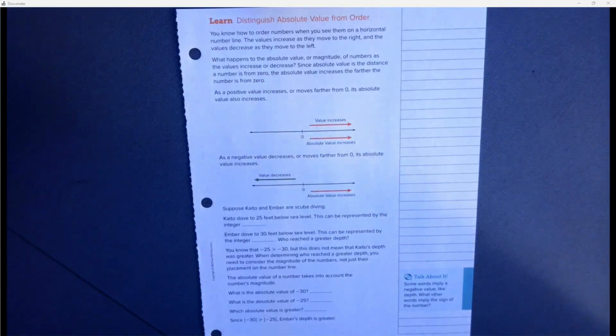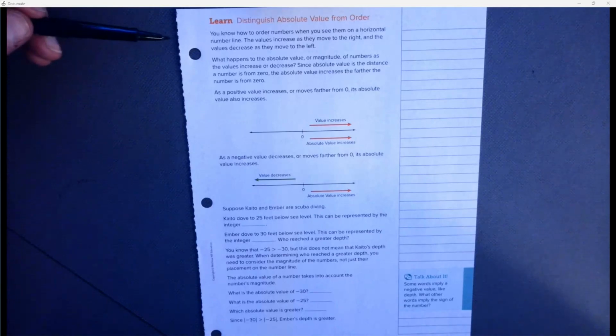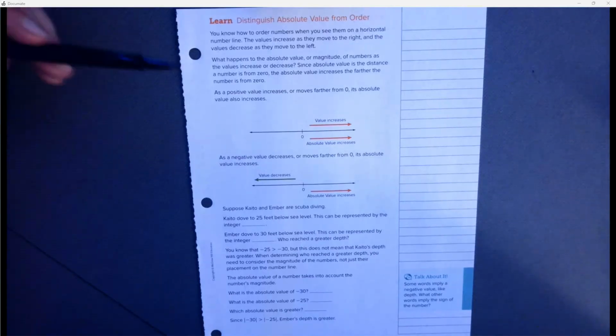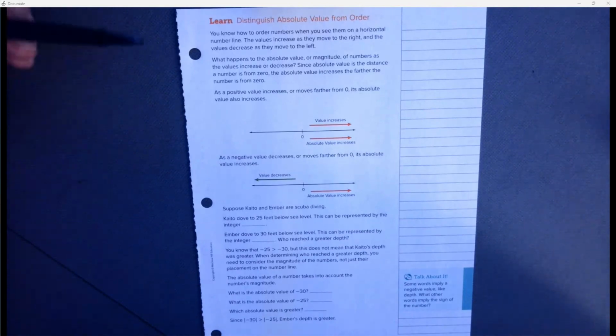On page 217, we have a Learn section where we're going to distinguish absolute value from order. We know the order numbers, when you see them in a horizontal number line, the values increase as they move to the right, and the values decrease as they move to the left. So when we have absolute value or magnitude, do the values increase or decrease?